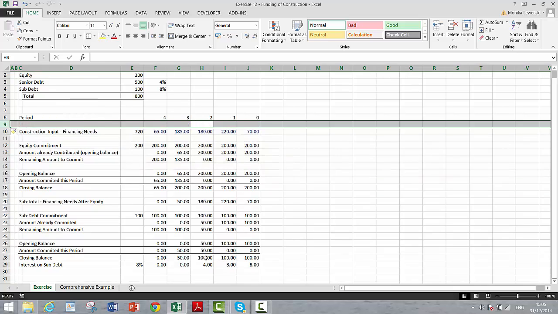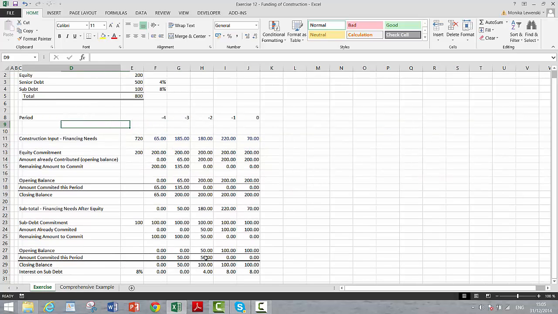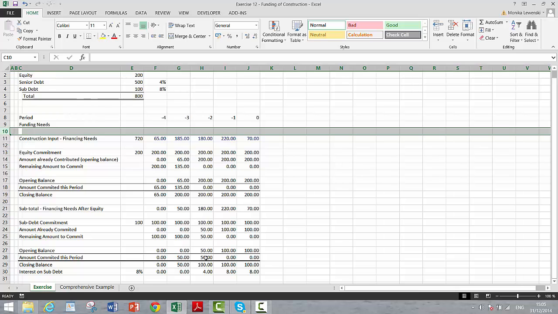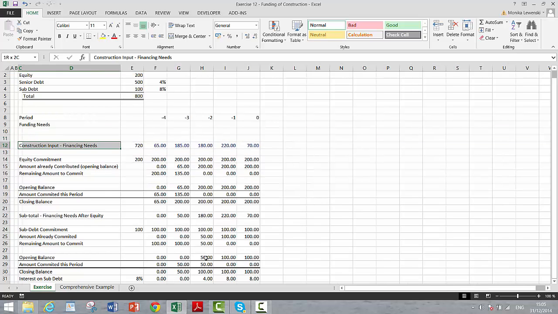We should insert a couple of lines and put perhaps funding needs, maybe one line more, and we'll start with the construction.